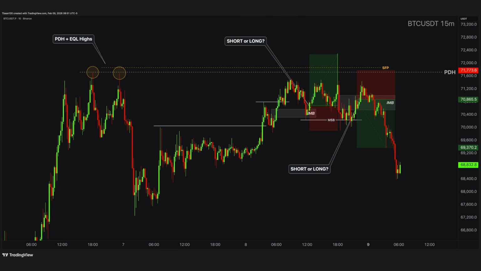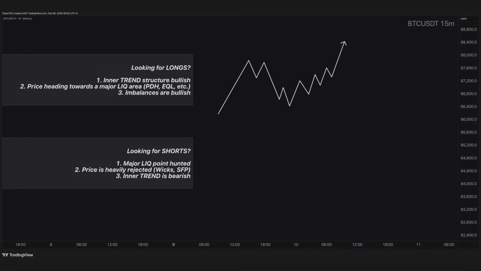So in the end, it makes more sense to look for short positions rather than trying to force longs here. You see, this is how we combine small clues together using liquidity, structure, and some imbalances to make smart trading decisions. So, if you are looking at any charts right now, should you be looking for the longs or should you be looking for the shorts?